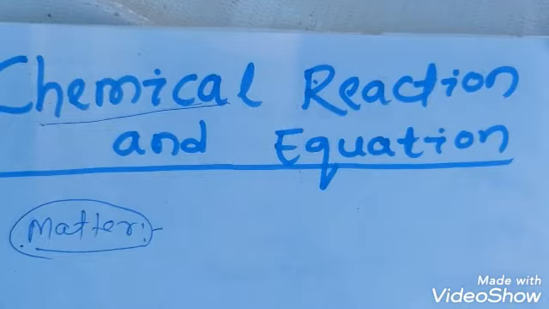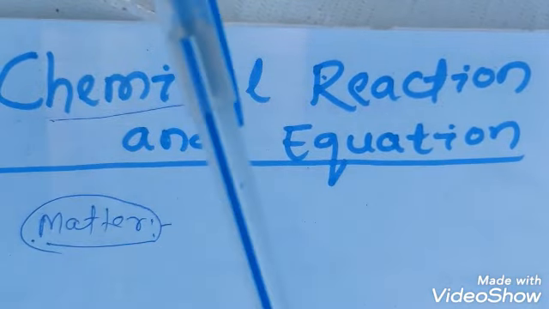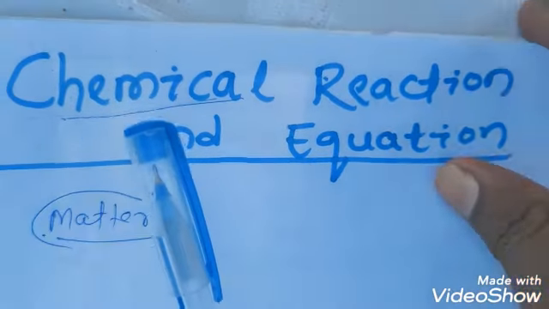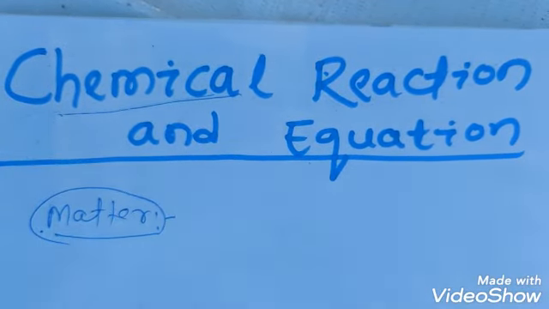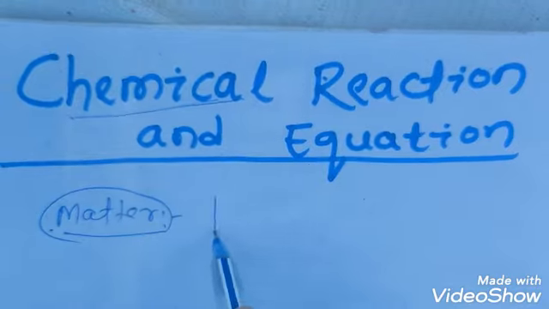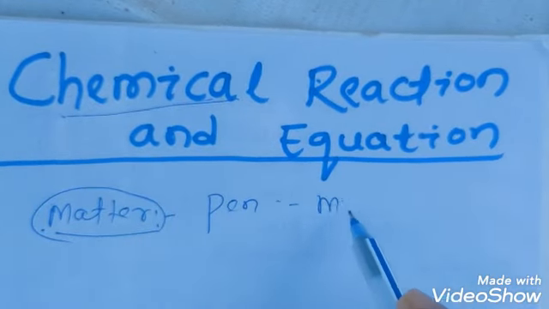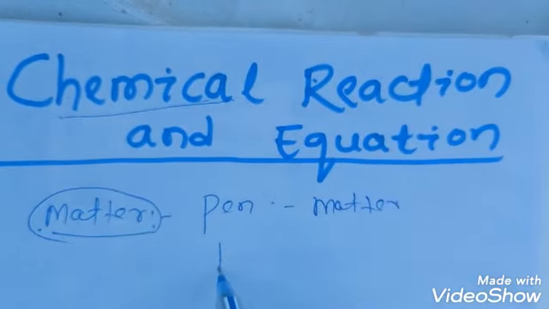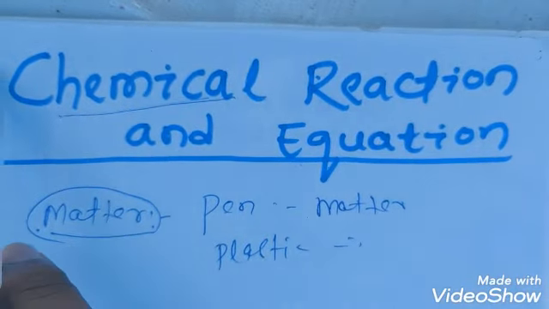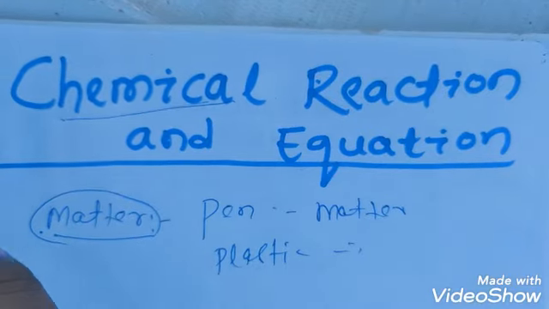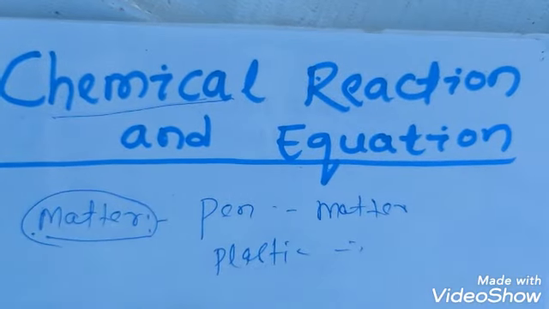Let's see, suppose a pen. That pen is matter. That paper is also matter, but the pen is made of plastic. That plastic is called a chemical. So the pen is matter but the plastic is a chemical, just like the paper is matter but the constituent of the paper is called a chemical.